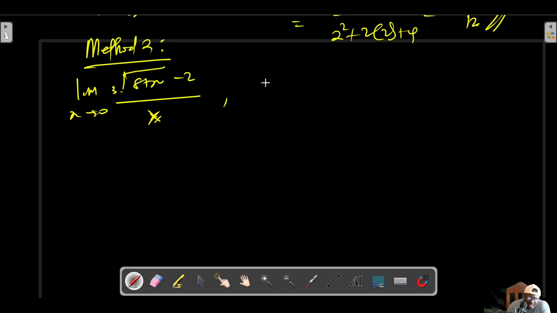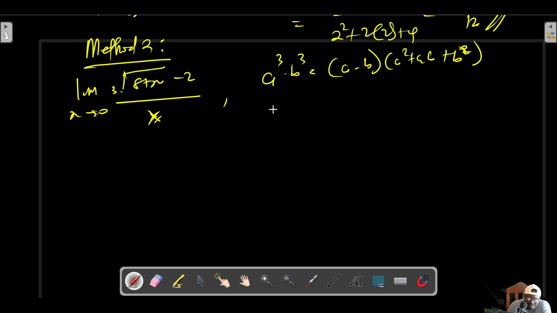As I said earlier, the difference of two cubes, a cube minus b cube, can be written as a minus b, a squared plus ab plus b squared. We are going to use the same idea. If the first term, the cube root of 8 plus x, is cubed, we are going to eliminate the cube.